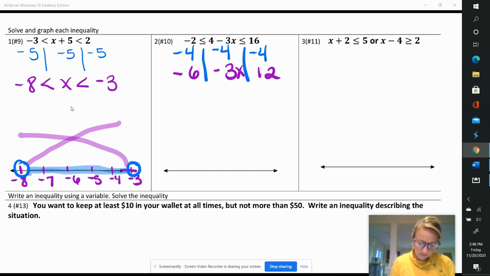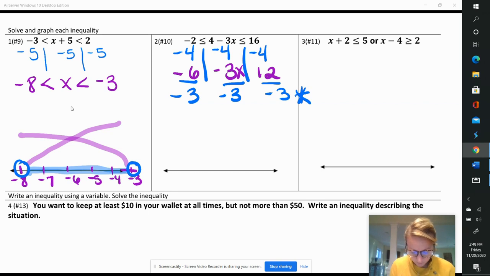So now our last step would be to divide all parts by -3. Now it's dividing by -3 that requires us to flip the inequality symbol. So what once was less than or equal to is now going to be greater than or equal to.